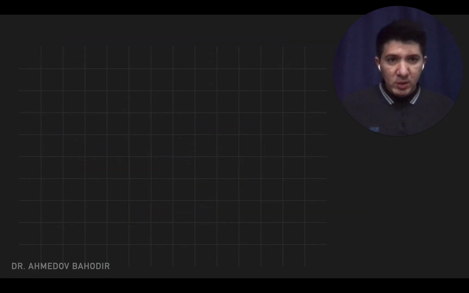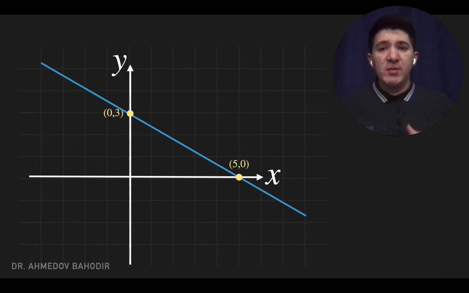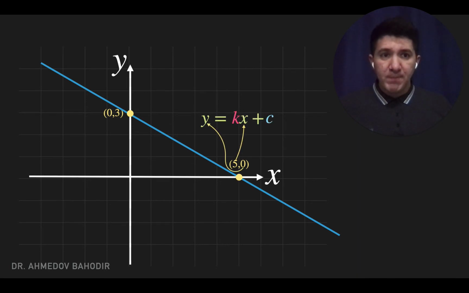Before we do this, we are going to again start with a simplified version of the problem. Let's say you are given 2 points and you would like to construct a line through these 2 points. The equation of any line is given as y equals kx plus c. Since these 2 points are on the line, if I substitute the coordinates of these 2 points into the line equation, they have to satisfy it.